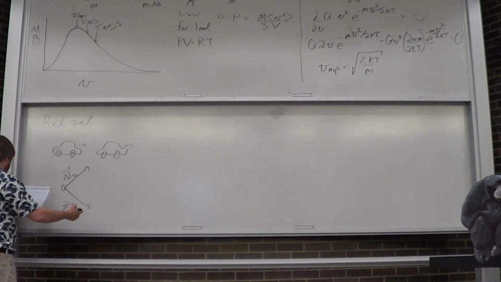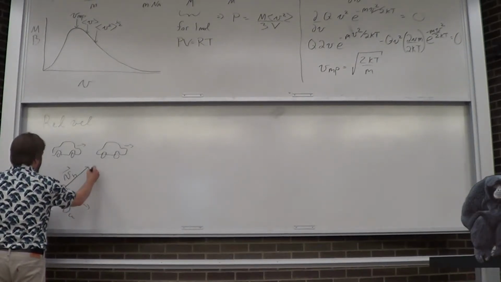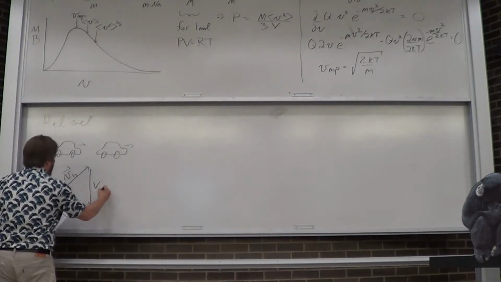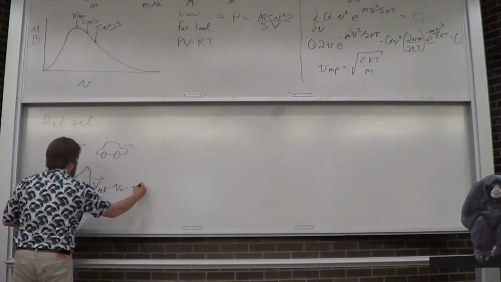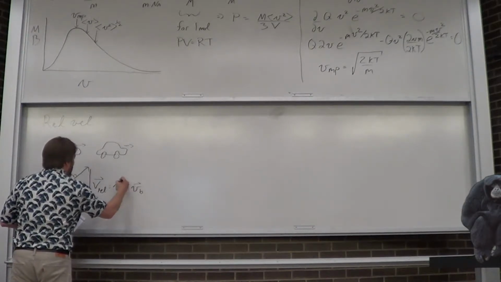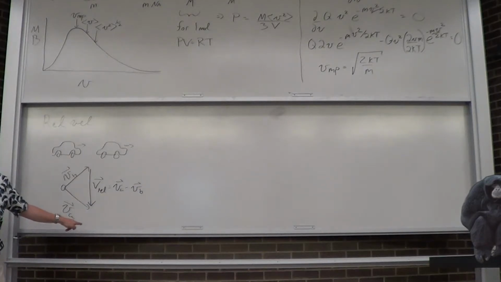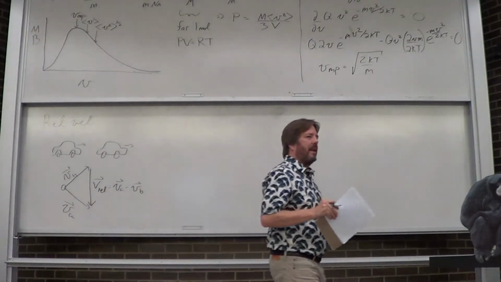Or is it B minus A? I think you get this. This is the relative, and this is VA minus VB. And I remember that you stick one vector at the tail of the other, because there's a minus sign, you switch directions. Something like that. Okay, so that's the relative velocity.